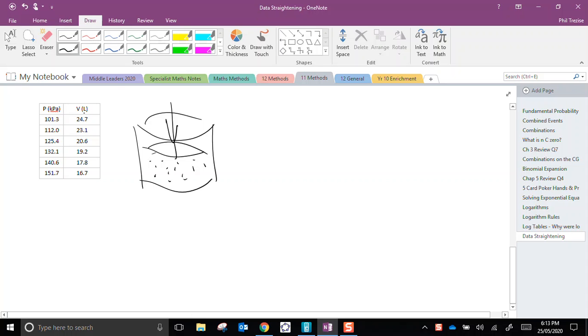So as the pressure increases from 100 up to about 150, it seems the volume decreases correspondingly. That makes sense. As you squeeze downwards on the cylinder, the gas would compress. Now our job is to find a formula linking these two measurements, these two variables.